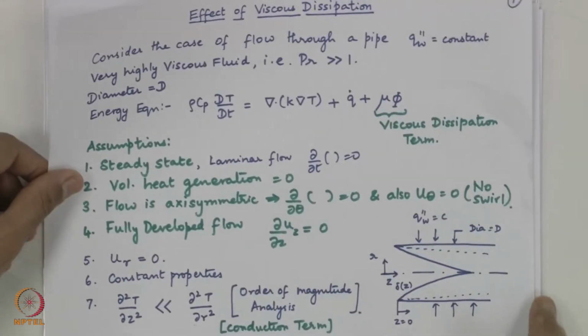Again, the viscous dissipation term has many terms, such as duz by dr whole squared, when you expand the viscous dissipation term, which had the first derivatives of the velocities with respect to the spatial coordinates. How was the viscous dissipation term created?